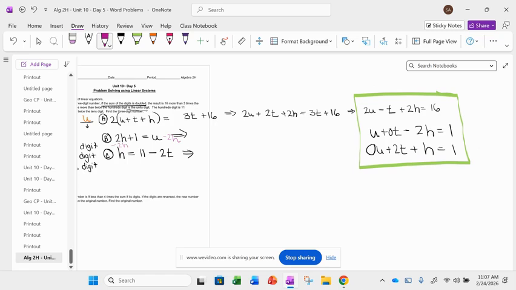It's a lot, so matrices is pretty straightforward. I'm going to have my matrix A. Who remembers what is matrix A? Good, the coefficients. So we're going to have 2, -1, 2, 1, 0, -2, 0, 2, 1.